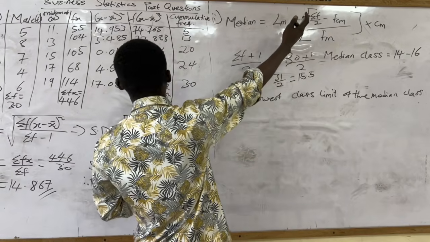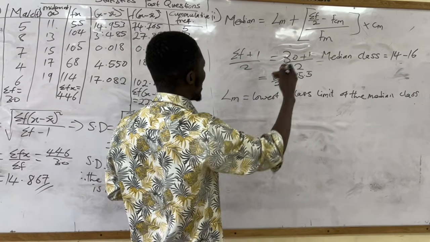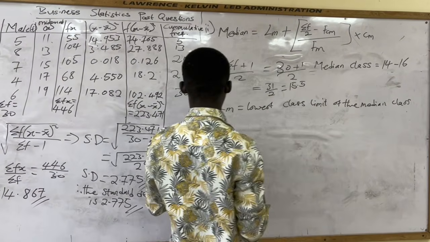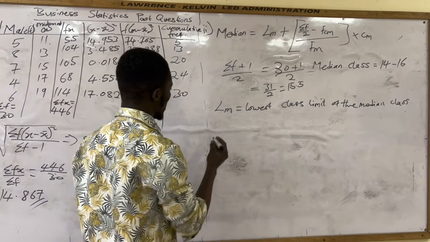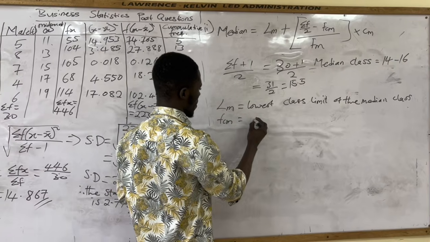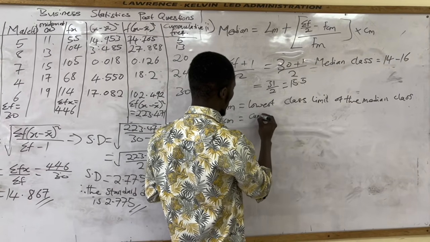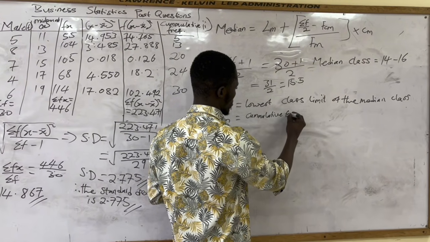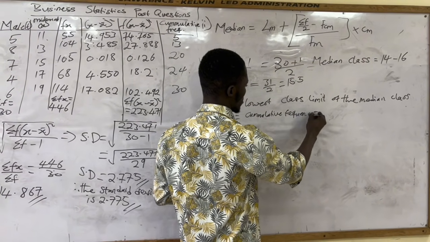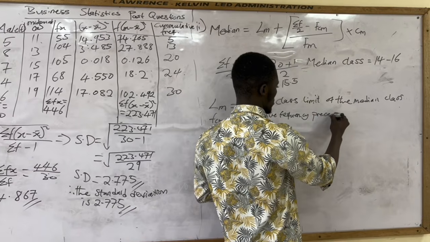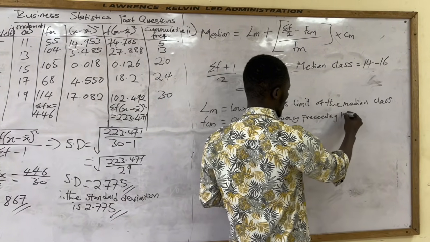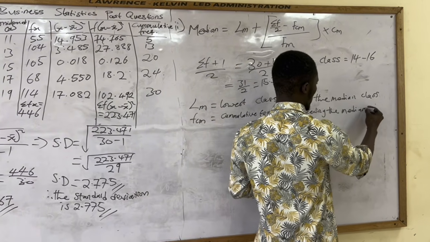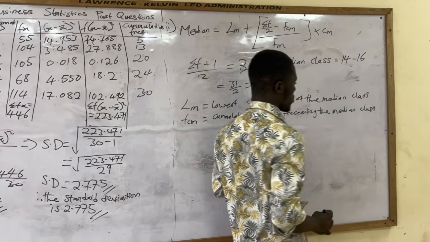Then we all know our sigma f, so sigma f divided by 2, that one we know already. Then our FCM is the cumulative frequency preceding the median class. I hope you get it.